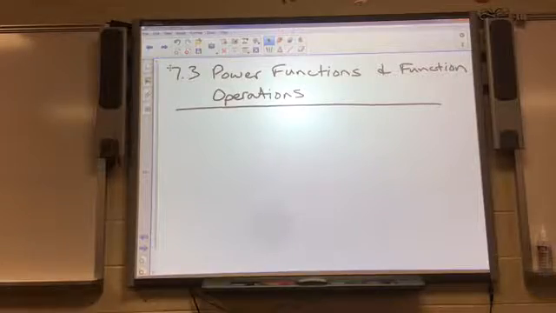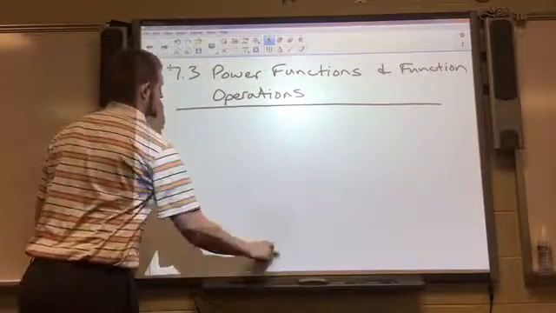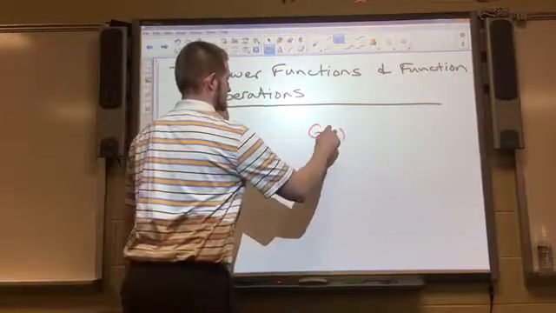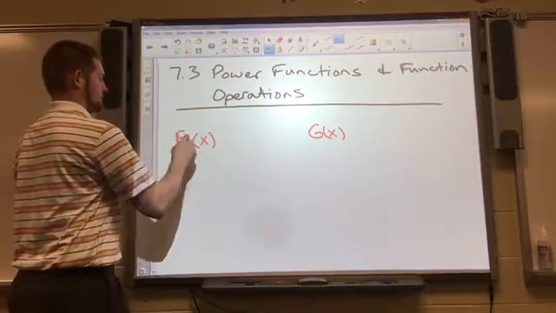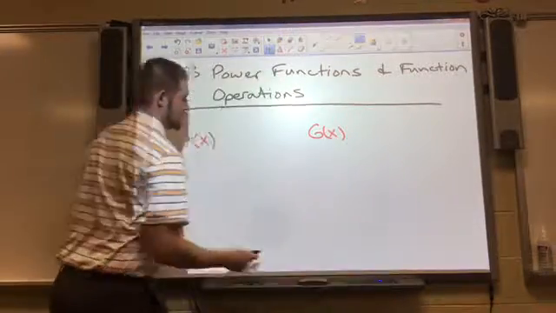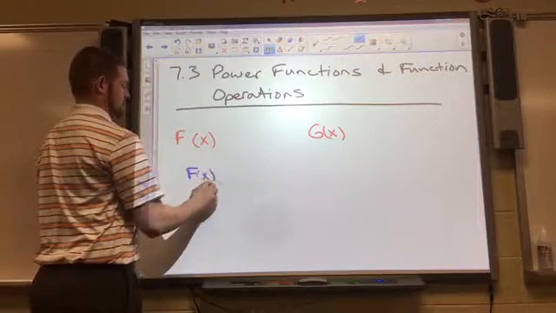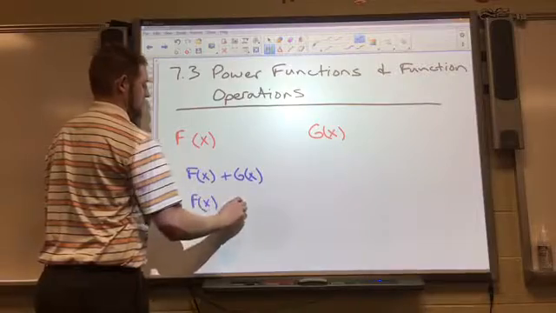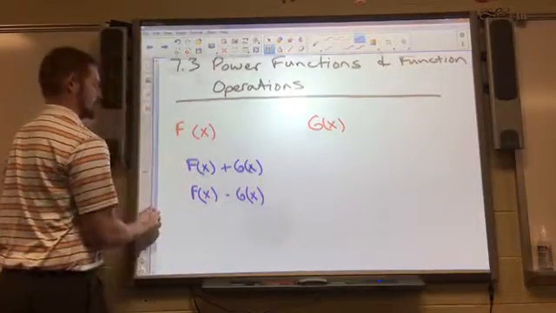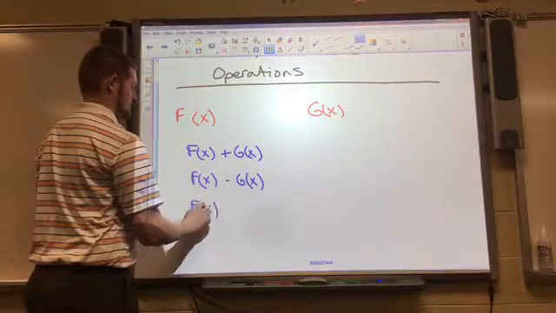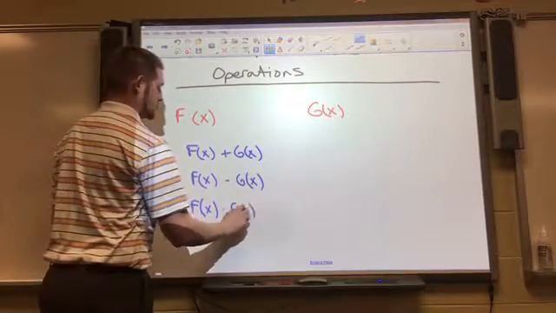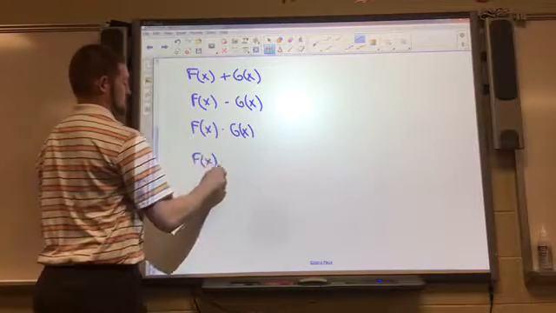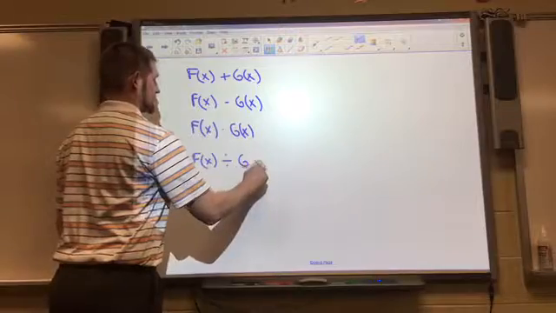The function operations are talking about things such as, let's say I have two functions, f of x and g of x. We've done a little bit of this before. Today we are going to take f of x plus g of x, f of x minus g of x, f of x times g of x, and f of x divided by g of x.